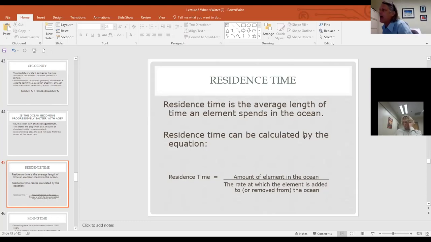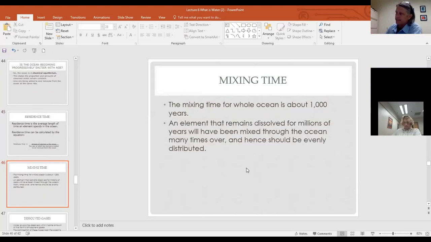The residence time is how long something stays in the ocean. The ocean also mixes. We do have, and we'll learn this with the currents, an ocean conveyor belt. And the ocean conveyor belt circulates about every 1,000 years.